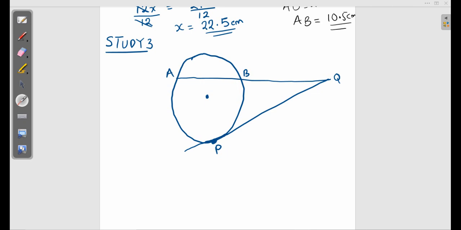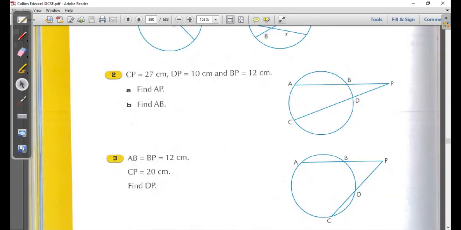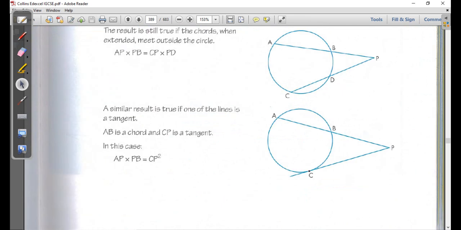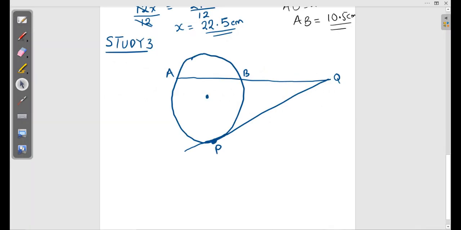Now I'm going to show you something very quickly so that you can clearly understand what I am trying to point out to you. Because it is a tangent, you still follow the process: the total AQ times the external, which is BQ, will now be, because this is a tangent and not a chord that has been extended, you multiply the tangent by itself.